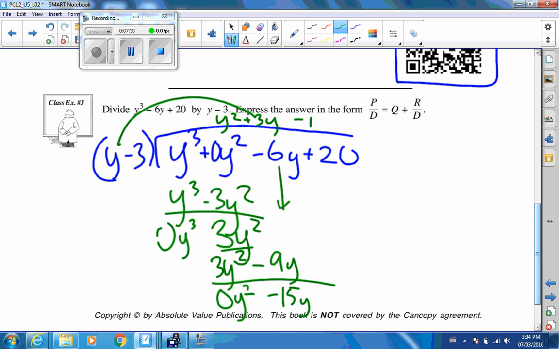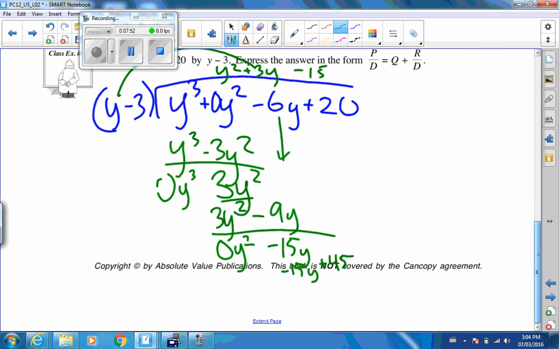And then I'm going to need a negative 15. Multiply that over: negative 15y. I'm running out of space, but that's okay. Negative 15 times negative 3 is going to be plus 45. 20 minus 45 is going to be negative 25. So my remainder is negative 25.